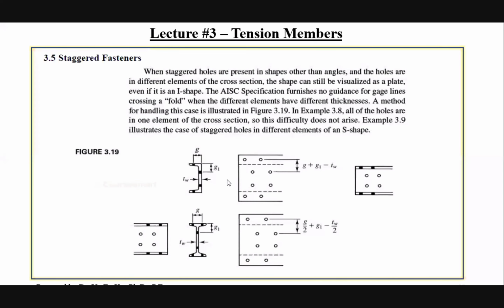the W shape, then if the bolt on this flange to the edge is g, and this bolt to the edge is g1, and the thickness of this channel is tw. So now to calculate the net area, we have to do the same as we did for an angle.